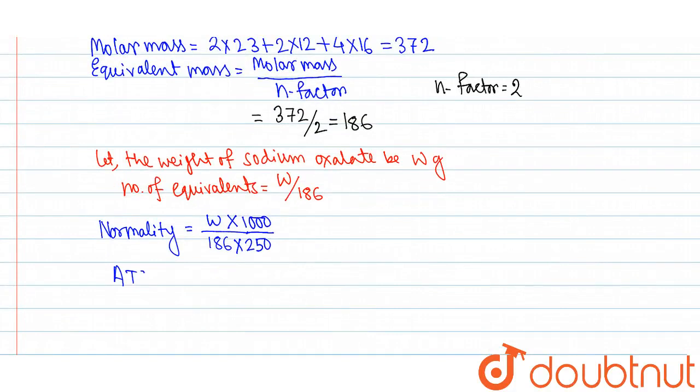So according to the question, this one, that is W into 1000 by 67 into 250, is semi-normal, that means normality will be 1 upon 2. So what you can do here is it will come with 4.